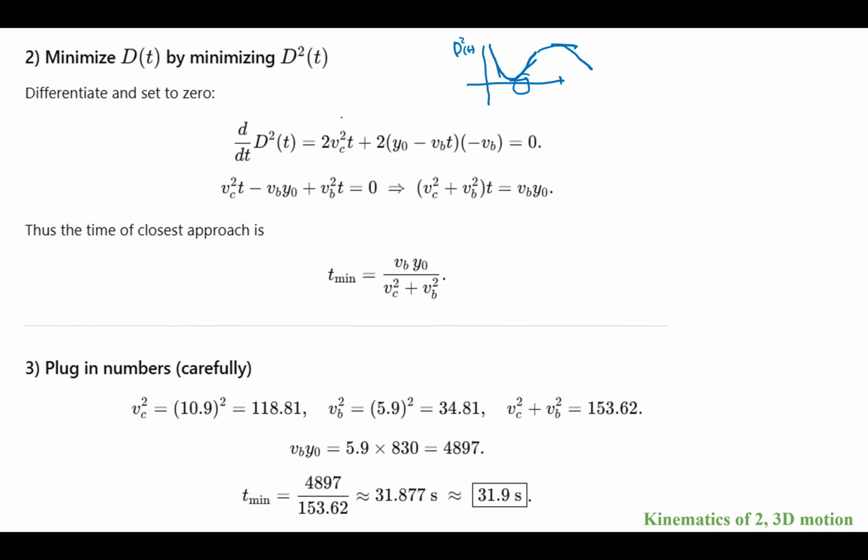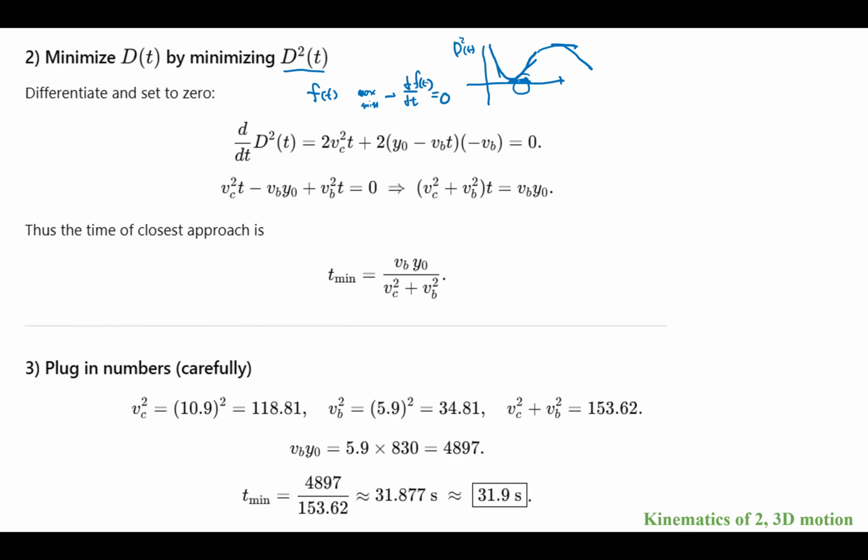So if we have a certain function of t, the maxima or minima condition is that the slope will be 0.